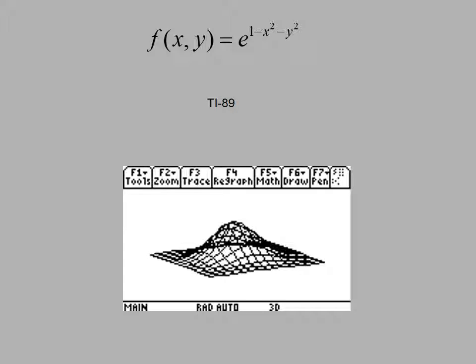Now the TI-89 actually has a 3D graphing setup, so you could set your mode to be 3D and draw 3D graphs. I'll give you a little word of caution. It takes quite some time for the TI-89 to draw a graph, and if you go to move it and look at it from different angles, it takes a long time to do it.